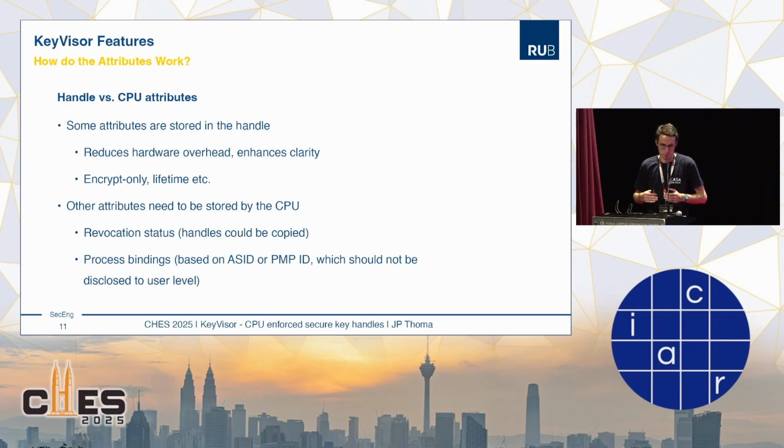So it would be a bit of a problem if you leak your page table address to user space in these key handles. So we put them into the CPU storage. Of course, in this scenario, you could also imagine that you encrypt the ASID and put it into the handle, so that would be a different option. But this would create a little bit of additional runtime overhead, which we wanted to avoid.